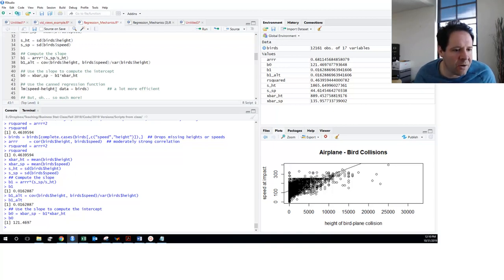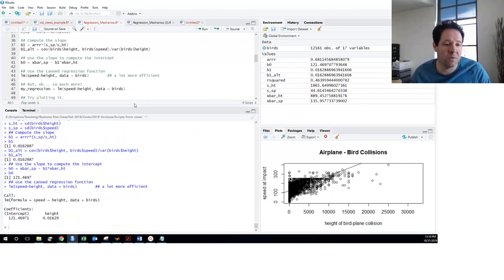Well, just to verify, let's use the canned regression function to see what that gives us. That gives us both the intercept and the slope. The intercept is labeled as such, and the slope is not labeled as slope, but it's labeled as the name of the variable on which we have the slope.